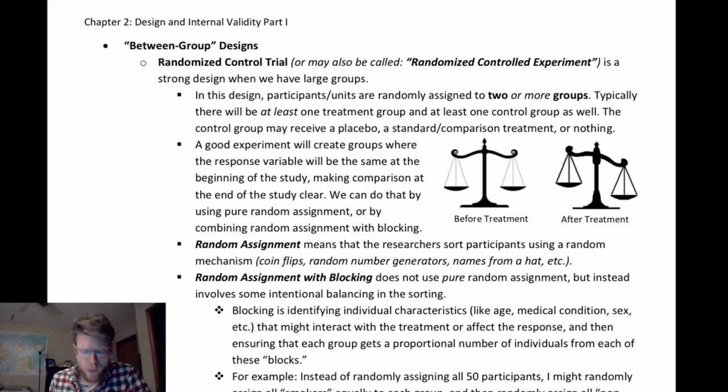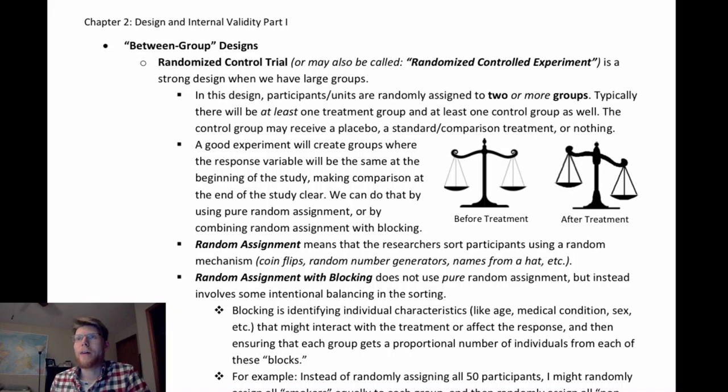So among between group designs, probably the most well-trusted option would be a randomized control trial, or you might also just hear it called a randomized controlled experiment. And that would be when we're using random assignment to identify different groups that we have and sort those groups.